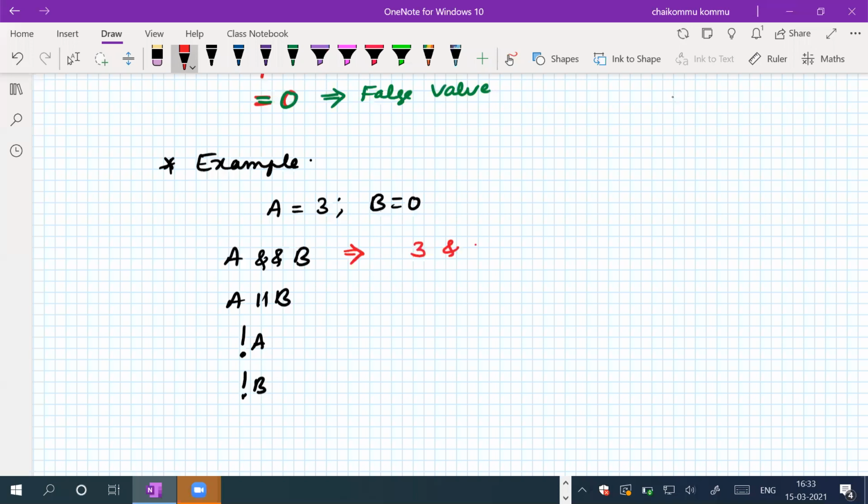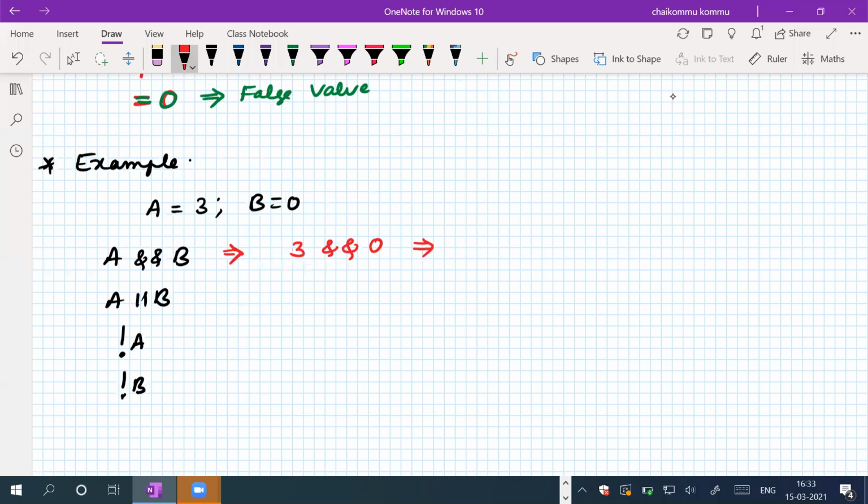Sorry, I'll write it this way so that you can understand: 3 is not equal to 0. And similarly, 0 is equal to 0. So what can we say, is it true or false? Yes, this is true.